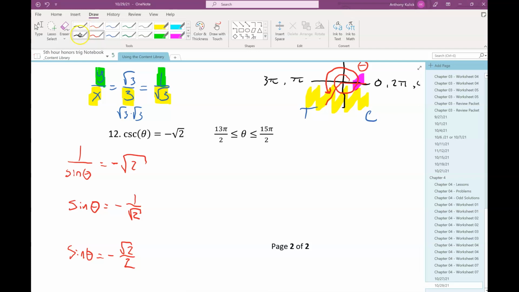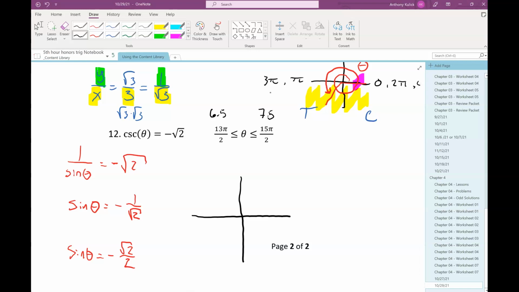Okay. Then we'll draw our picture here. So 0, a half, 1, 1.5, because this is really 6.5 and 7.5. So I'm not going to write them all down because there's going to be a lot of them.